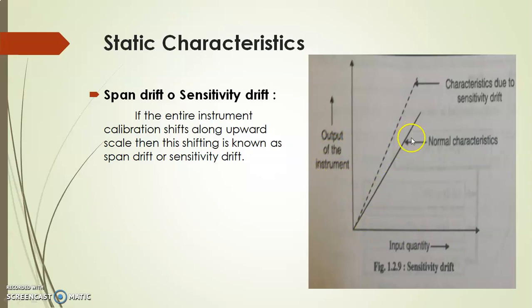This is the normal linear characteristic, and because of the span drift or sensitivity drift, the normal characteristic shifted upward along with the scale. In zero drift, what happened? The entire characteristic is shifted as it is, and in sensitivity drift, what happened? It shifted upward along the scale. Then that is called the sensitivity drift.